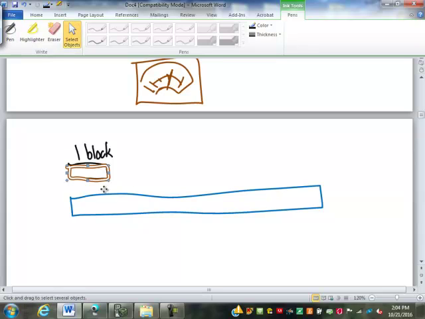And I'll start on one end of my object, setting it down there, and I'll just move it along. So there's 1 block, 2 blocks, 3 blocks, 4, 5, 6. So it's more than 6 blocks. It's between 6 and 7 blocks.